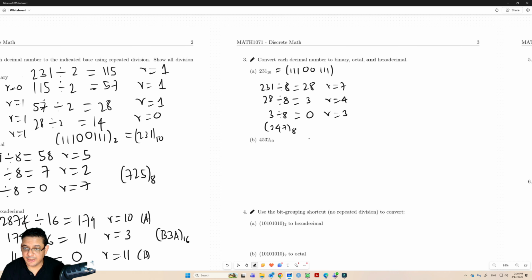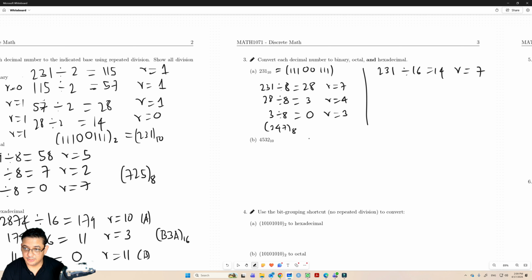Now I'll do exactly the same thing for hexadecimal. So 231 divided by 16 is going to give me 14, and the remainder is also going to be 7.